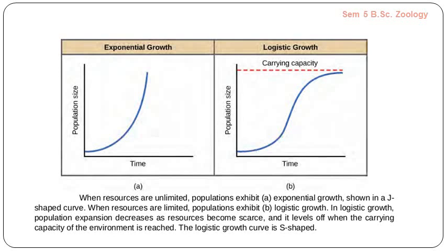When resources are in plenty, unlimited, when there is no checking or resistance, the population exhibits a J-shaped growth curve. Here there is unchecked growth of the population.